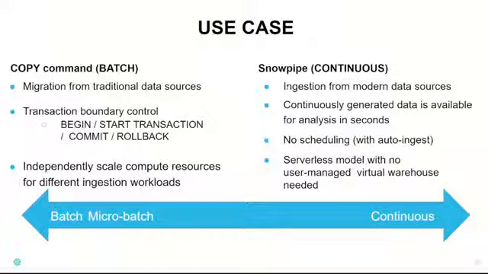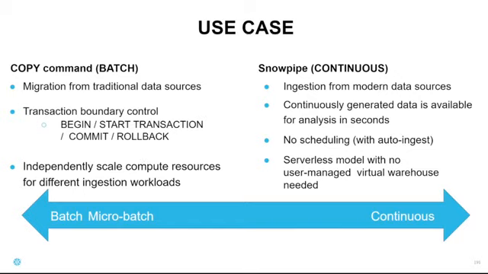If the data is coming from a modern data source such as an API or Kafka or Kinesis into Snowflake, then the best option is to use Snowpipe, because the data is continuously coming from these modern data sources and you have to ingest that data into your data warehouse. So you can deploy Snowpipe.